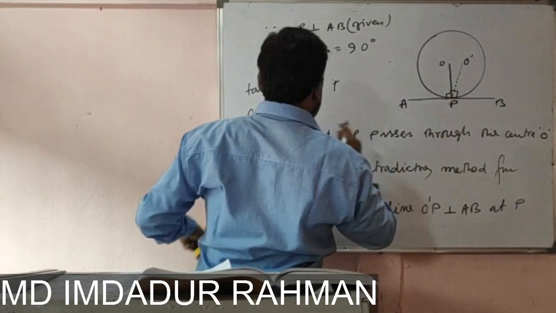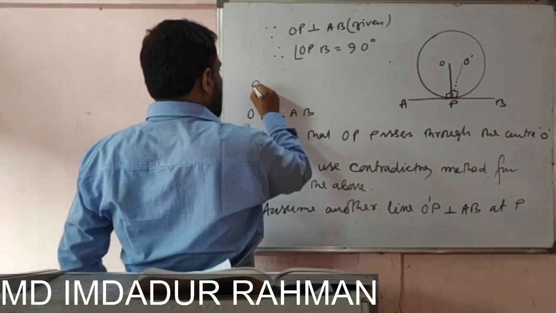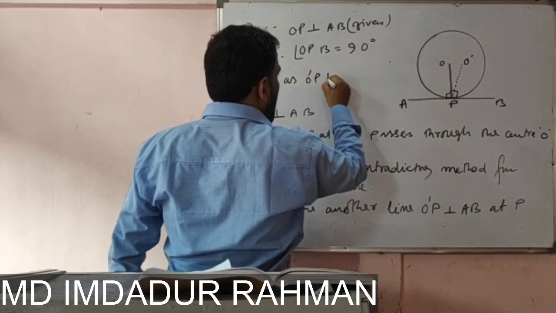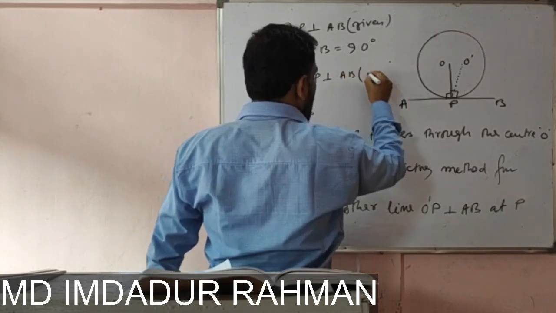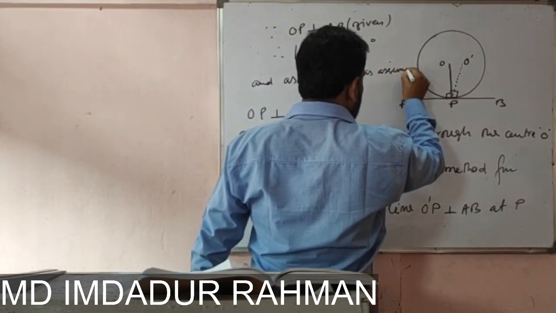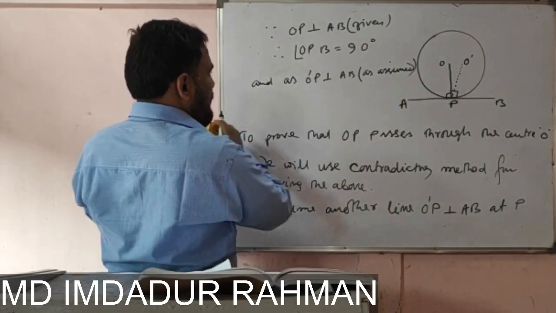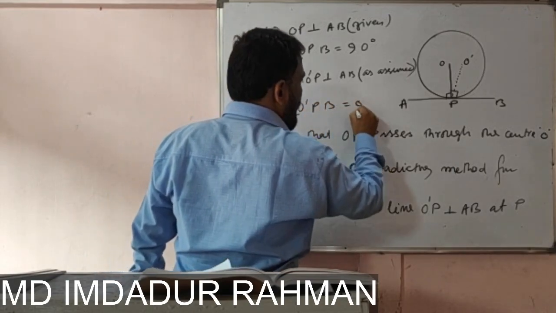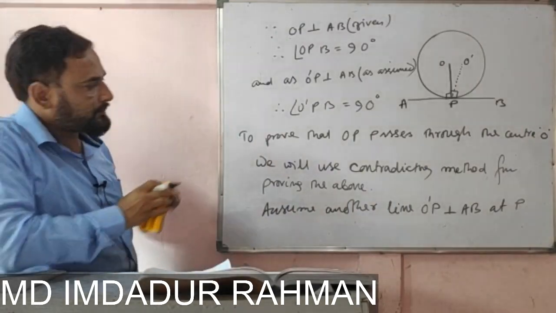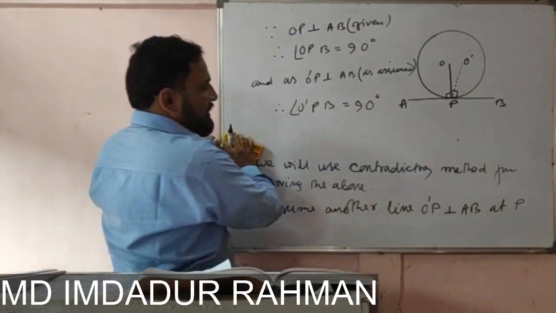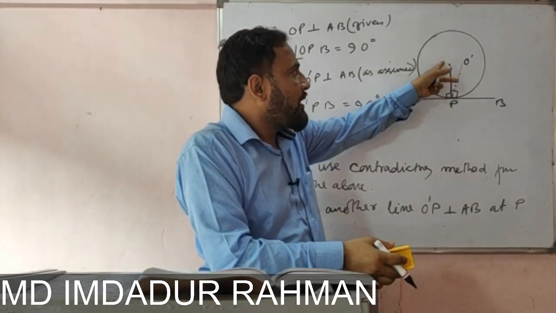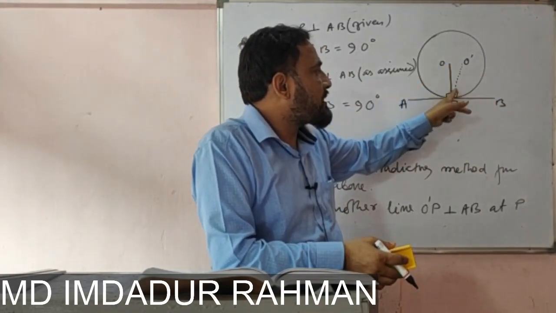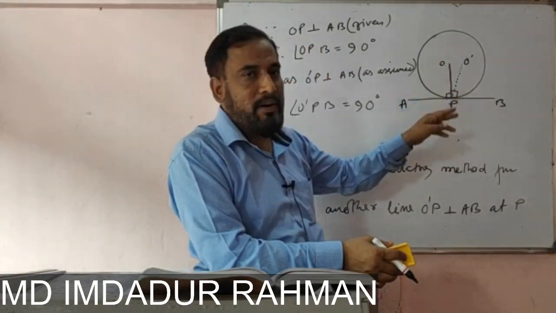This is 90 degrees, this is also 90 degrees, and as O dash P is perpendicular to AB as assumed, therefore angle O dash PB is also equal to 90 degrees. But here we are observing clearly that angle OPB is greater than angle O dash PB, because both angles are on the same side of the perpendicular line.